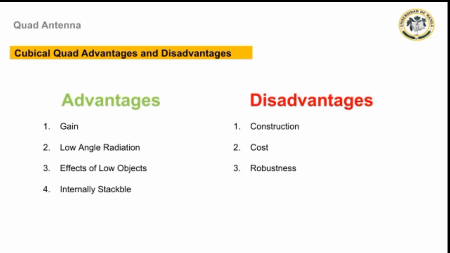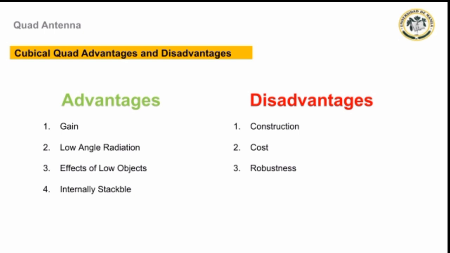The quad antenna is less affected by nearby objects, giving it an edge over the Yagi in many installations, especially those that are inside, possibly in the loft or attic. And lastly is internally stackable. One advantage of the cubical quad antenna is that it is possible to internally stack separate quad antennas for multiple bands under some circumstances. This option is used mainly on the HF bands.